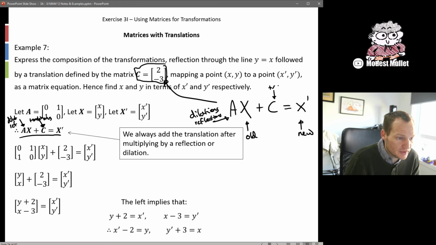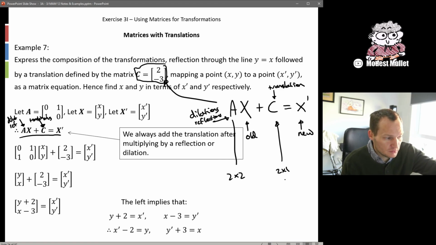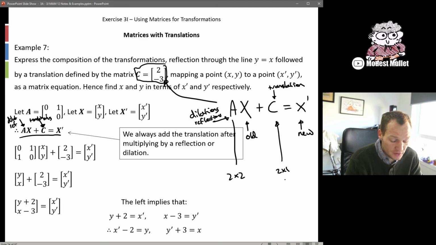And this will now be our translations. A is a 2x2 matrix. C is a 2x1. Then you can do the operations that are there on the screen, and then you end up with a dash representation of a transformation. You can read off what they are.